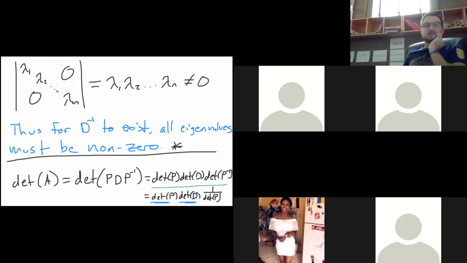We build these diagonal matrices D where everything along the diagonal is my what values? Lambda, my eigenvalues. And we also established that the determinant of that matrix D is the product of all of my eigenvalues.